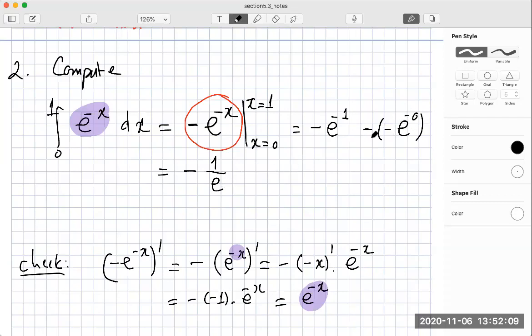And here, negative, negative, and e to the negative 0 is 1 already, right? Therefore, it will be, yes. Thank you, Garrett.